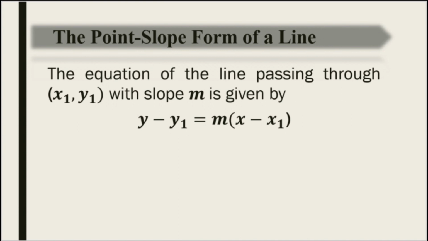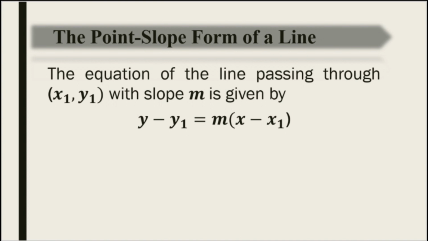If you know the slope of the line and the point through which the line passes, the point-slope form is the best alternative.